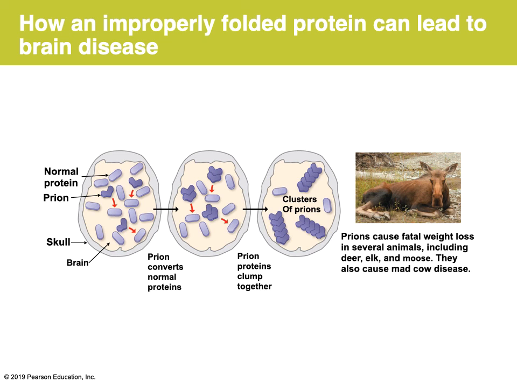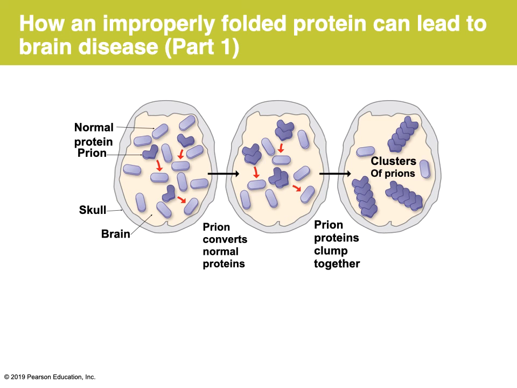And it takes a while for that damage to progress. So one of the reasons why people were concerned about eating meat that might have been contaminated by nervous tissue containing prions was that you could have these prions get into, say, a human brain and begin converting the proteins, and over time lead to damaging many brain proteins and leading to disorders like what we commonly call mad cow disease.